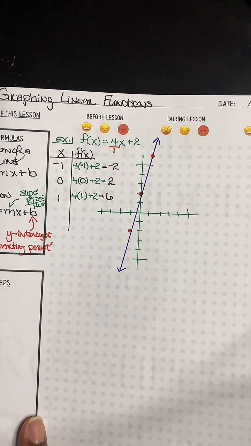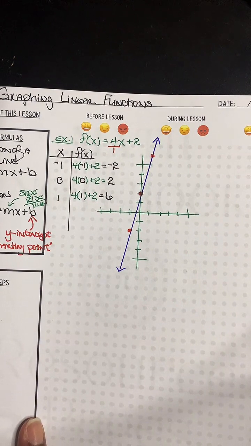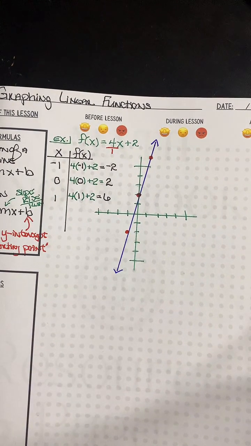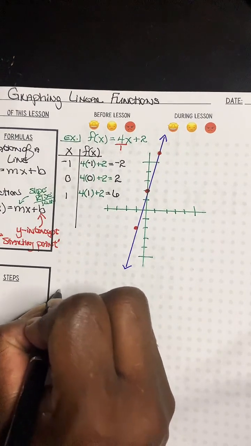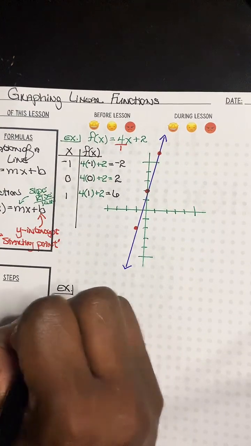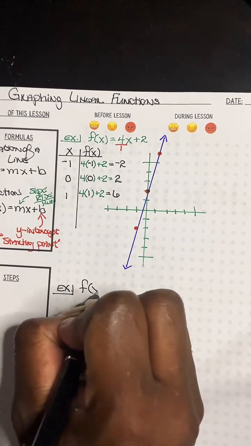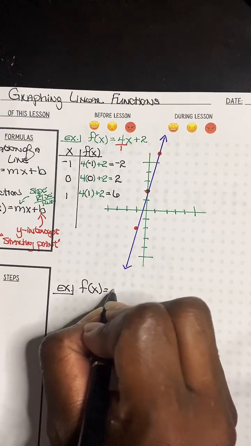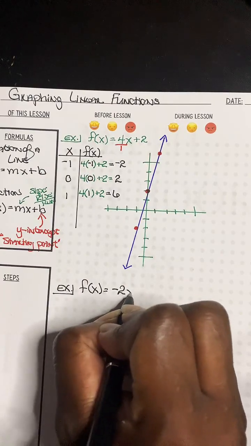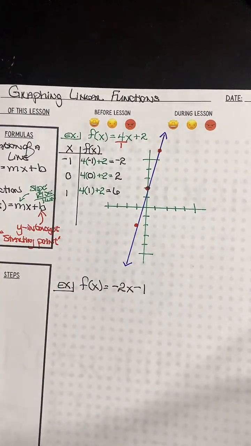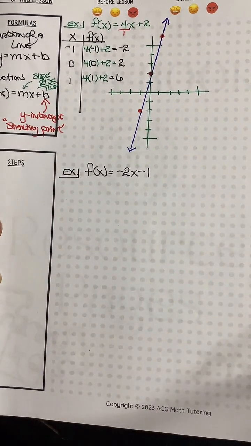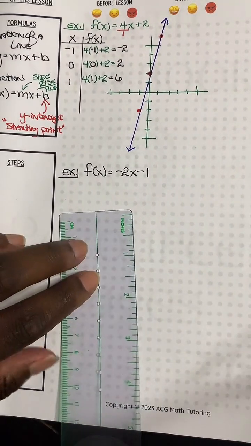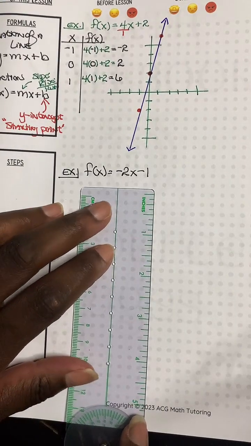All right, so let's take another gander. Let's say we have our function f(x) is equal to negative 2x plus 1.